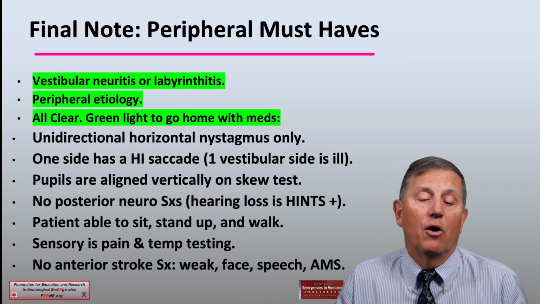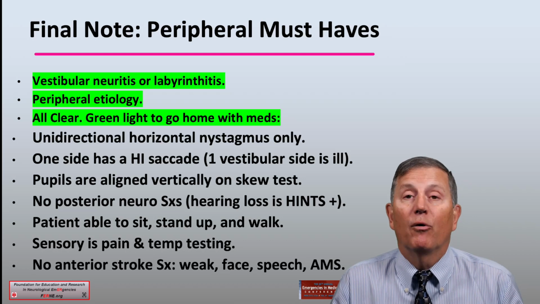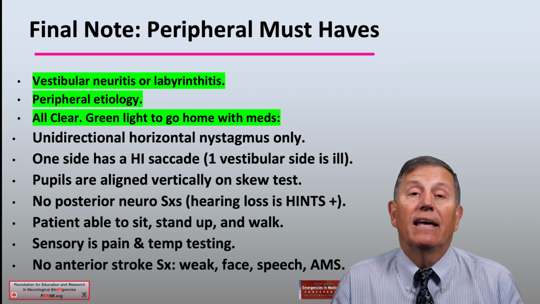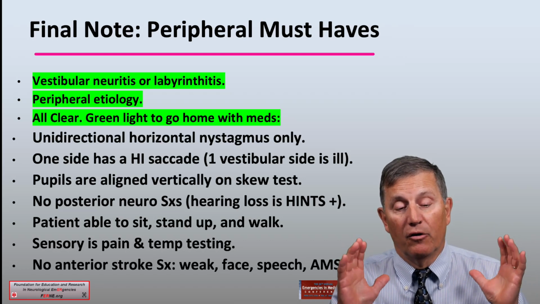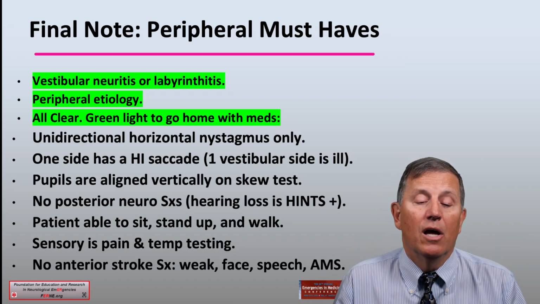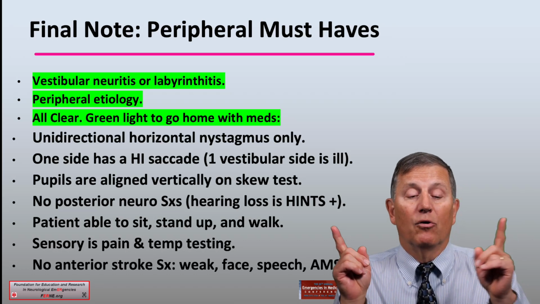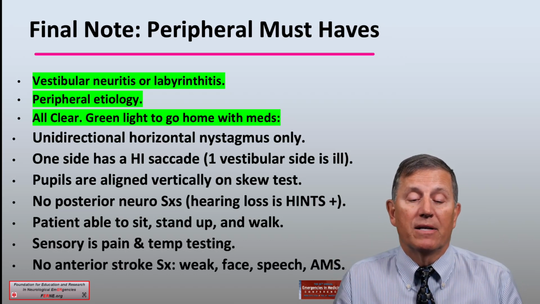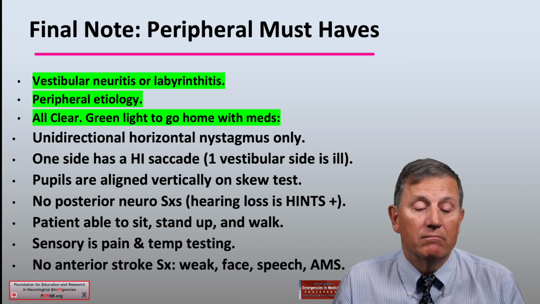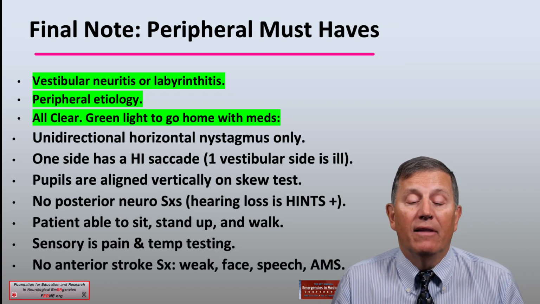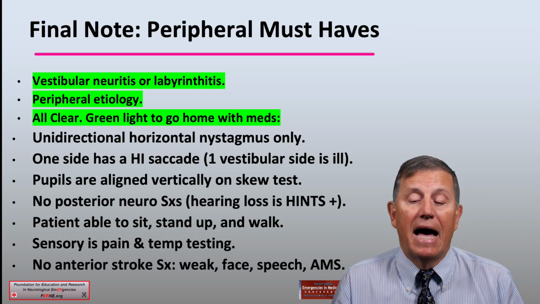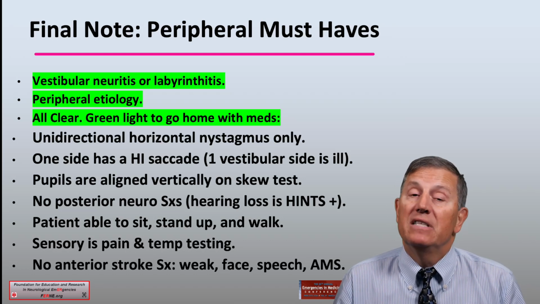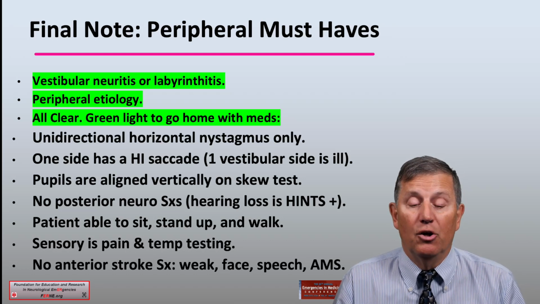In order to diagnose vestibular neuritis or labyrinthitis, saying that there's a peripheral etiology, saying that the patient is cleared, they're green lighted to go home with meds, you must have unilateral rapid component nystagmus horizontally only, and you must have one side that has a corrective saccade on head impulse, suggesting that one of the two vestibular sides is ill. The pupils need to be aligned vertically on skew.